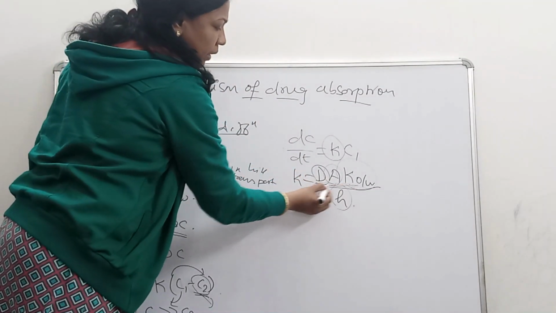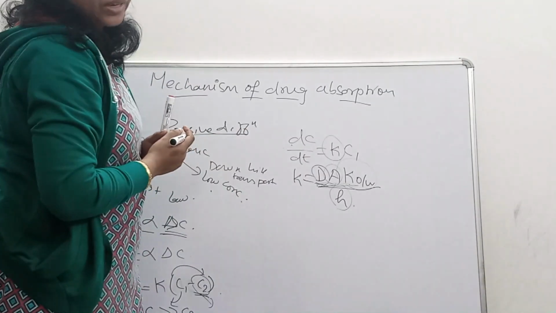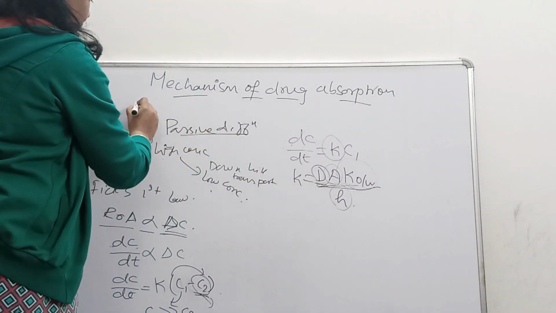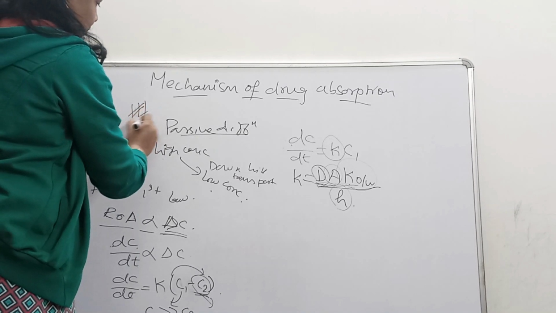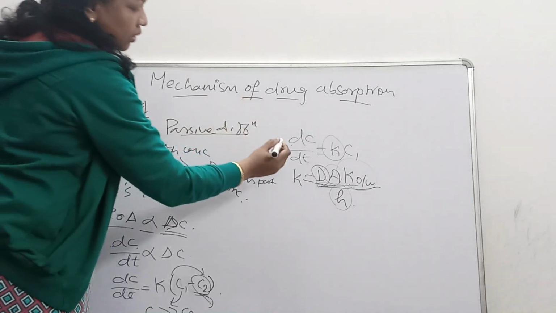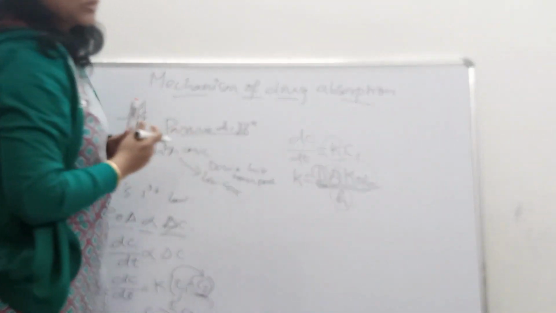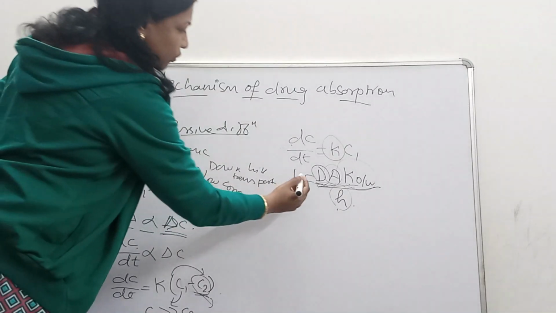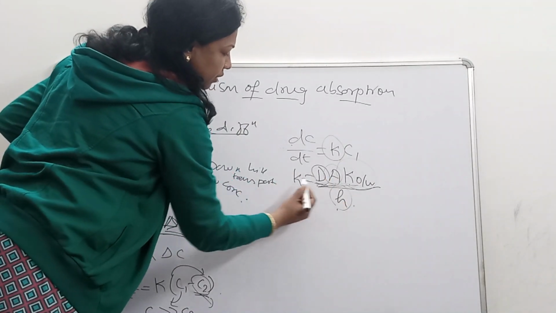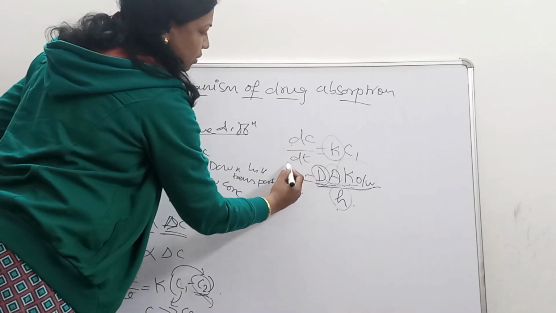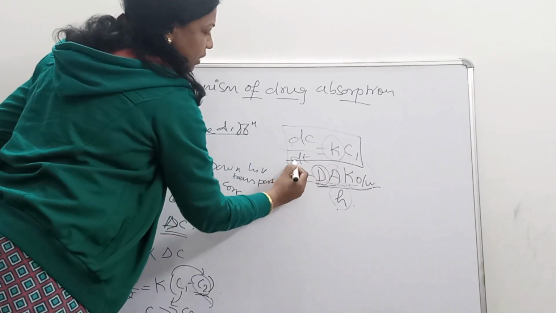So these three parameters are directly proportional to rate of absorption, whereas if the membrane thickness is more, then there will be less absorption. So the rate of absorption is inversely proportional to thickness of the membrane. So all these constants are included into a single constant K. So just go through this equation.